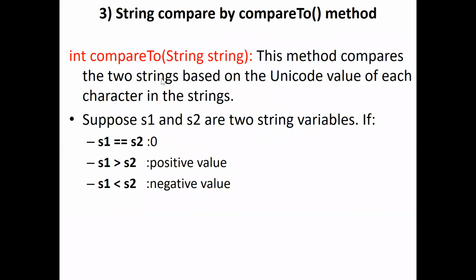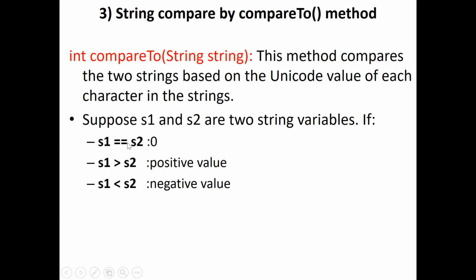So the third one is compareTo. For string comparison, there is another method, the compareTo function. It compares Unicode values, meaning there is a Unicode value for each character in Java. Based on the Unicode characters it will compare.